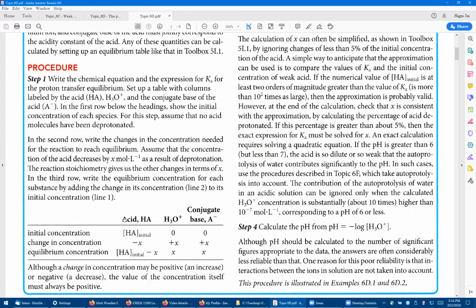The components involved are the weak acid itself, which is HA, and then the products that result from its ionization in water, hydronium ions, and the conjugate base of the weak acid, which is, in this case, A minus. So the initial concentration is simply the initial concentration of HA, whatever that may be. And we'll assume that the initial concentrations of hydronium ions and the conjugate base are essentially zero.